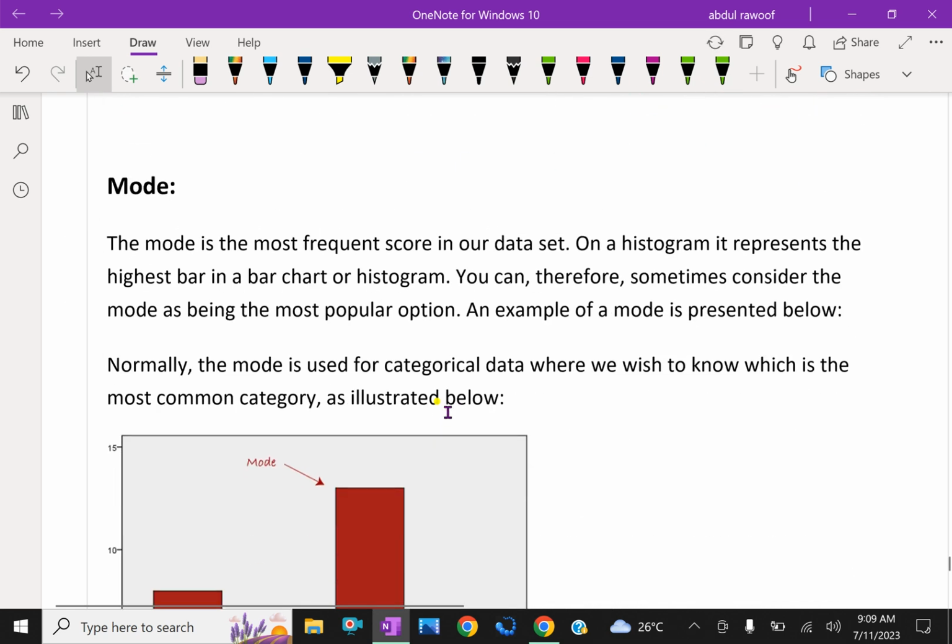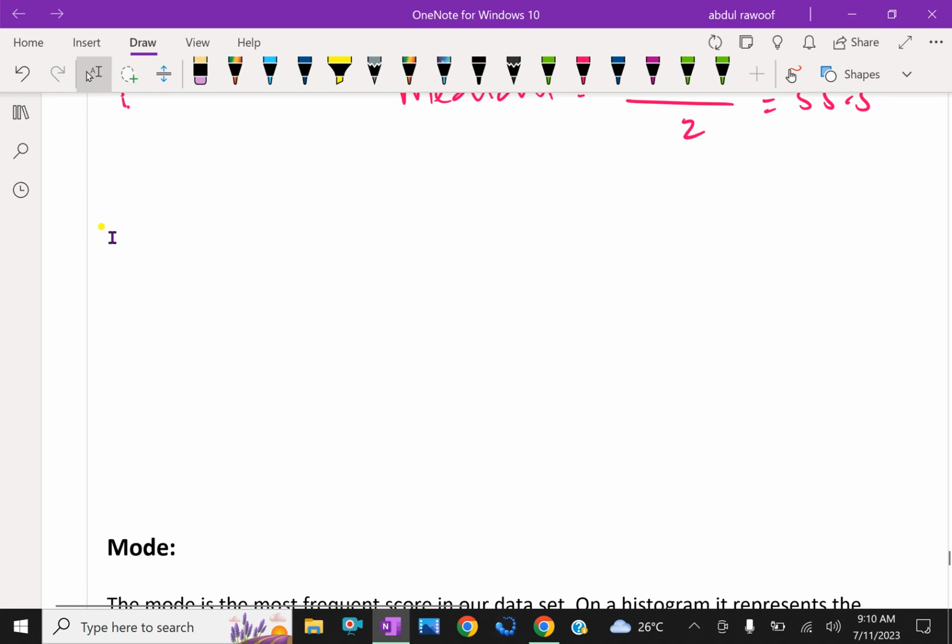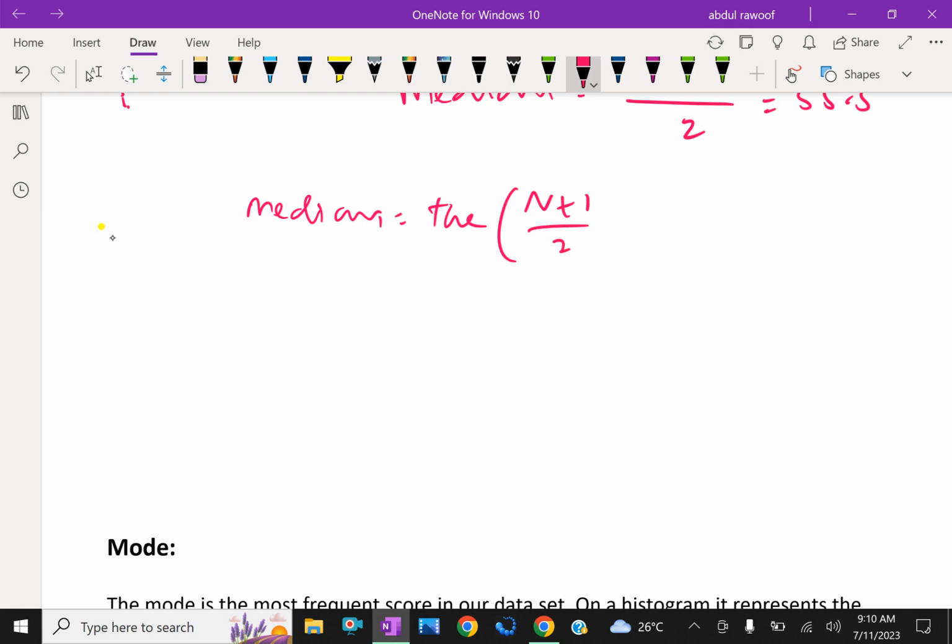Next, the median for grouped data we can find by using this formula. Median equals the (n plus 1) divided by 2 term.